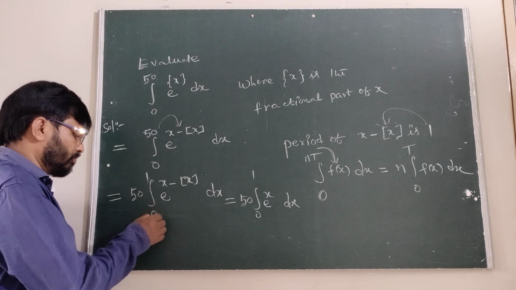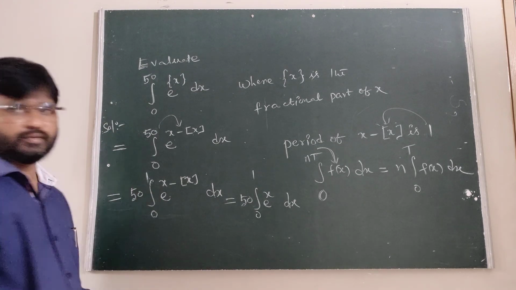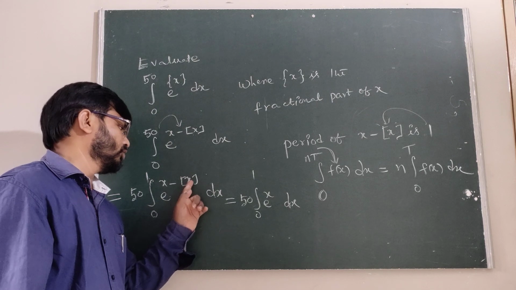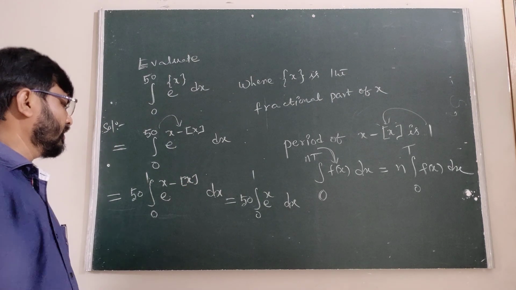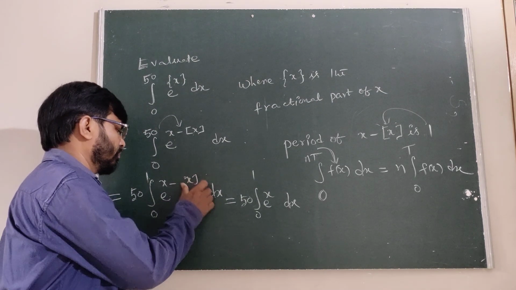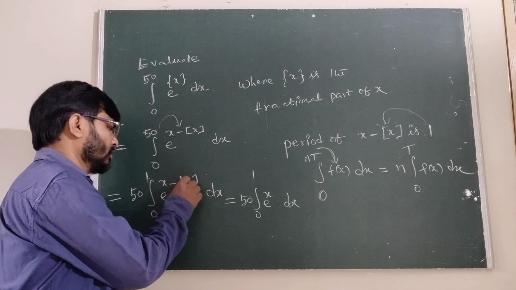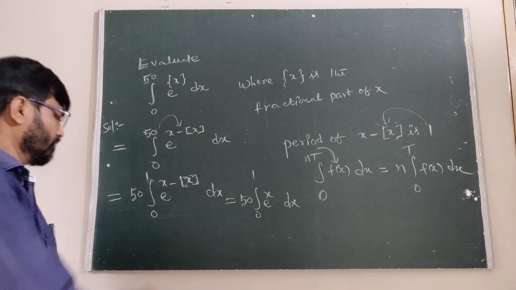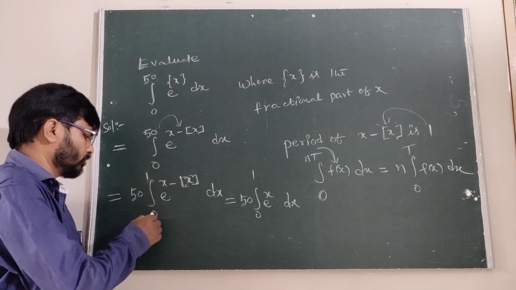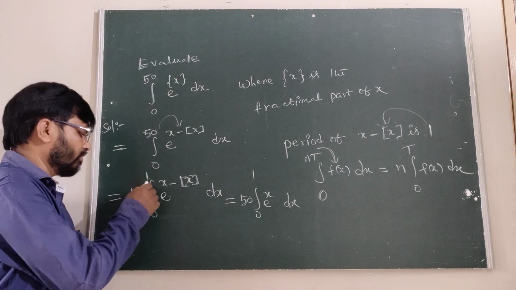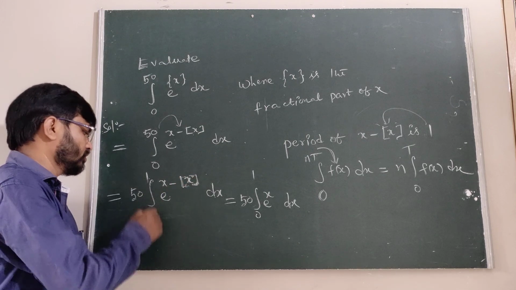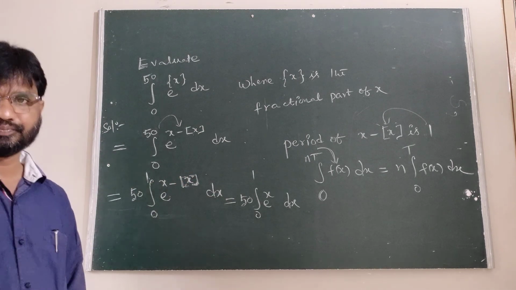Suppose you take any value between 0 and 1, like 0.3 or 0.5. That's why we only think about the special function, the greatest integer function. The value of step x between 0 and 1 is 0.